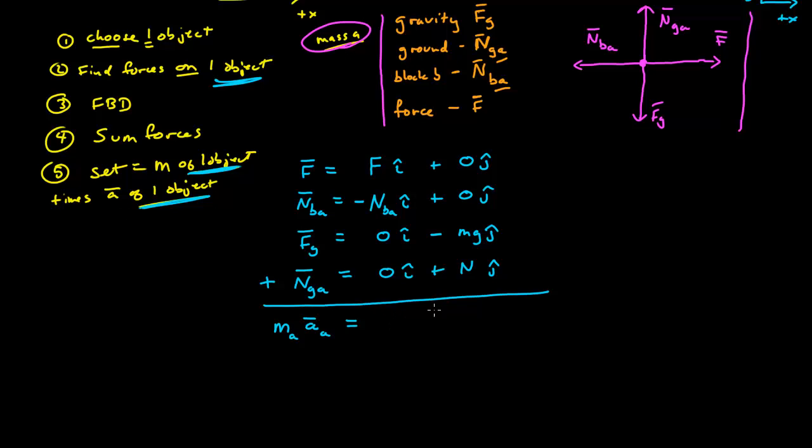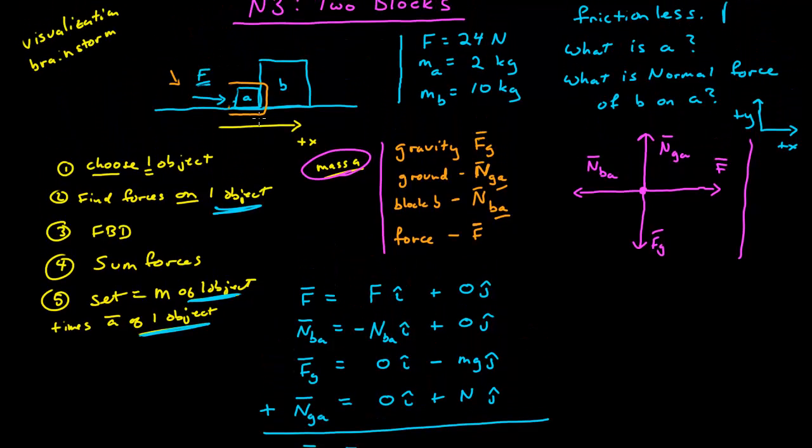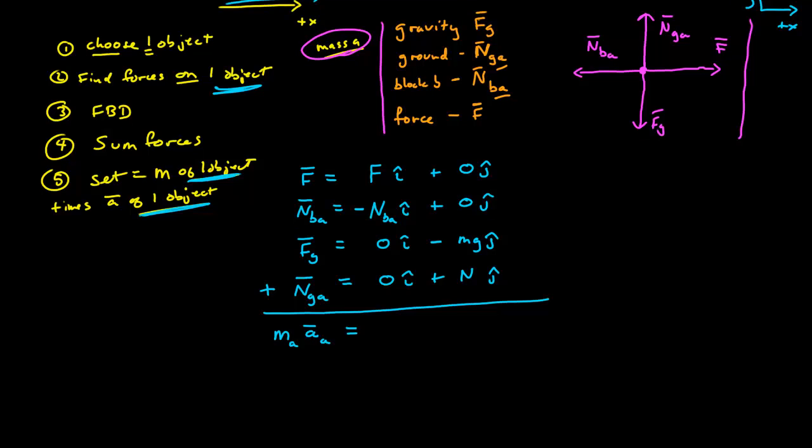Right. And so we know from the context of the problem, our visualization, that these two objects are just sliding along. So its acceleration in the y is equal to 0. And then it has some acceleration along the x direction. So just the magnitude of the acceleration A times the mass of block A along the x direction. So now we can come up with our relationships.